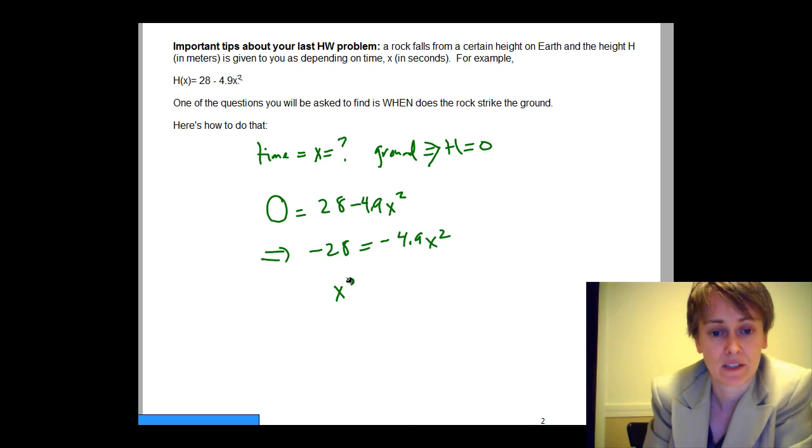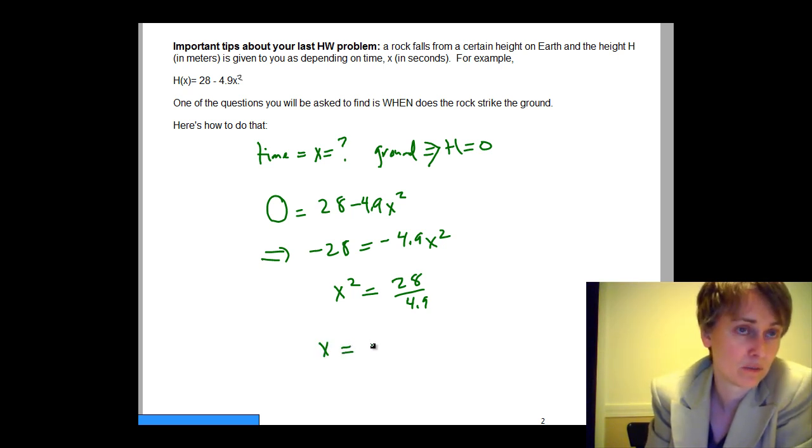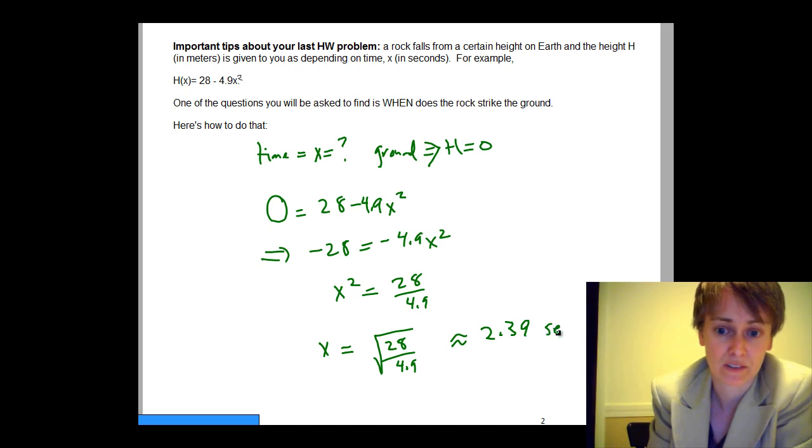So when you do that, you get x squared equals 28 over 4.9, and then you take the square root of both sides. And I'm only going to write a positive root, not plus or minus, because we're talking about time. So I'm going to take the square root of that, and this is approximately 2.39 seconds.